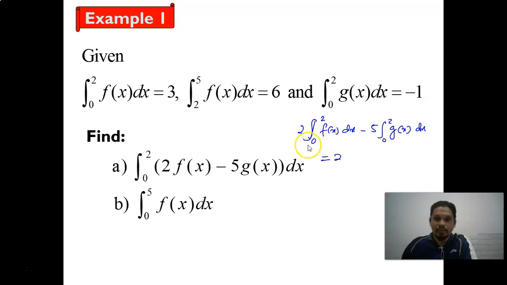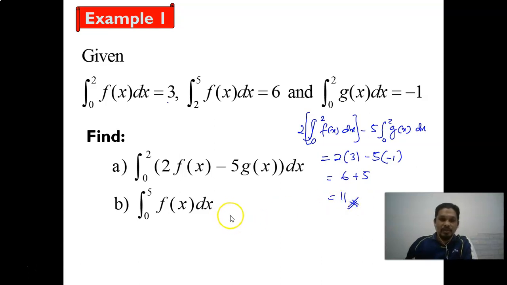What about this one? It is equal to 3, so it is 2 times 3 minus 5 times this one here, which is negative 1. Equal to 2 times 3, which is 6, negative and negative gives positive 5, which is equal to 11.